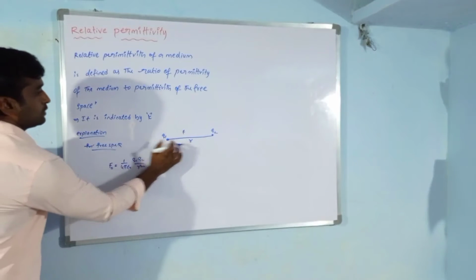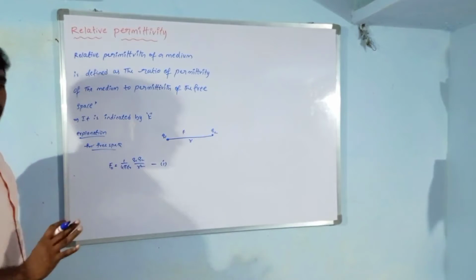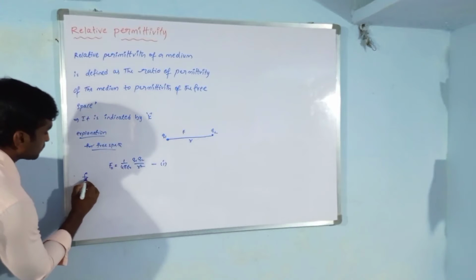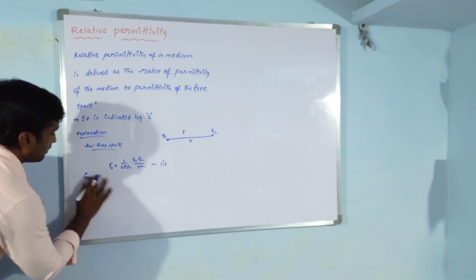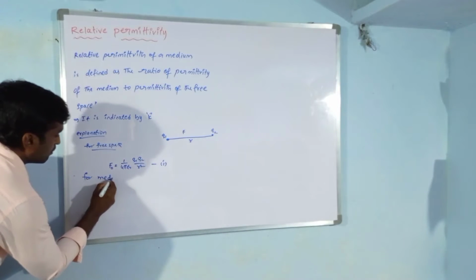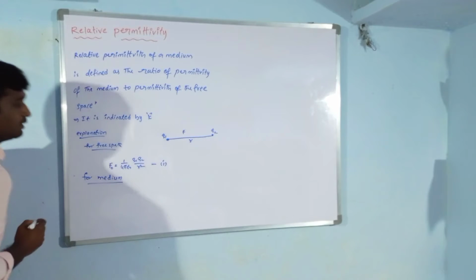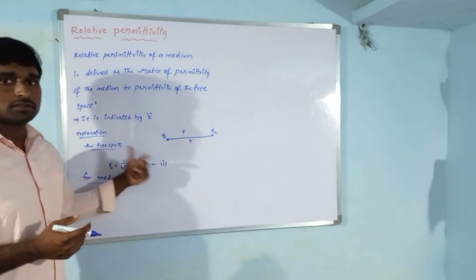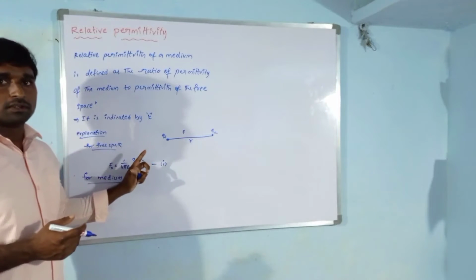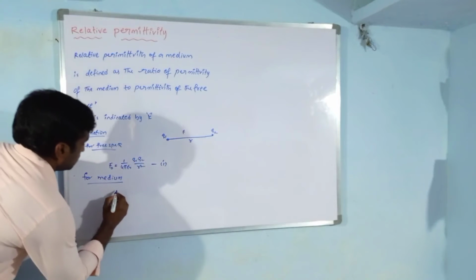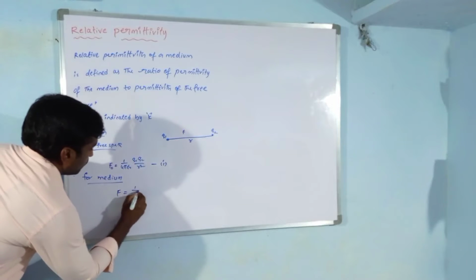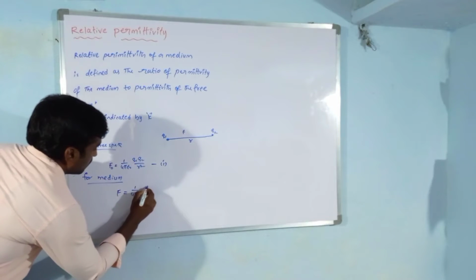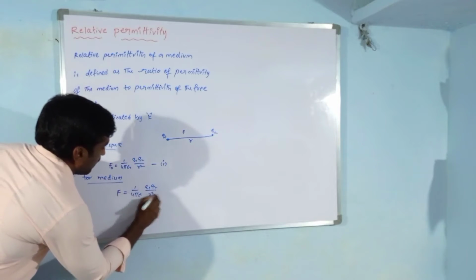Next, when I take these two charges in a medium other than free space, what will happen? For a medium, the force F equals 1 by 4 pi epsilon, Q1 Q2 by R square.